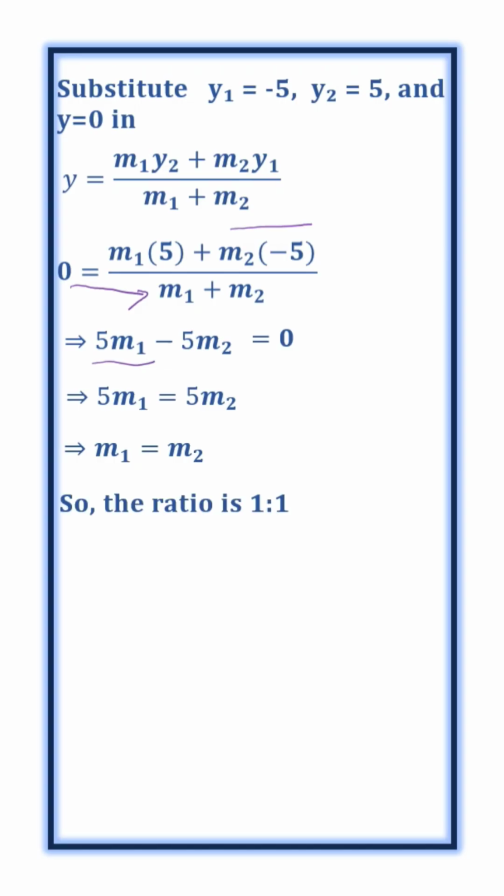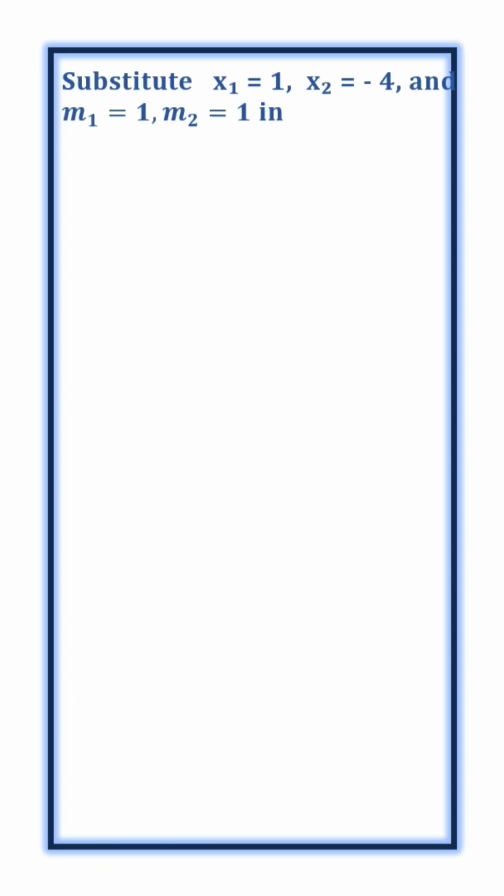They are equal. Now let us find the x coordinate. How to find it? We have the values for x1, x2 and m1, m2. Just now we have found m1 and m2. Let us substitute in (m1 x2 plus m2 x1) upon (m1 plus m2).